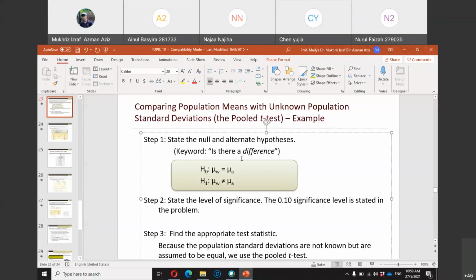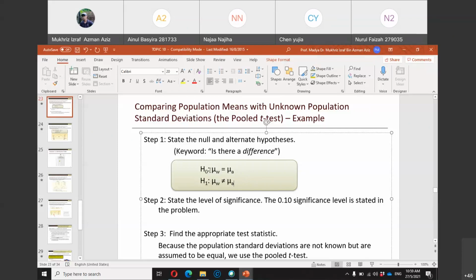So be careful, because the word difference is already a negative thing. You cannot use "there is not equal". So there is no difference between the mean of Wallis and the mean of Atkins.